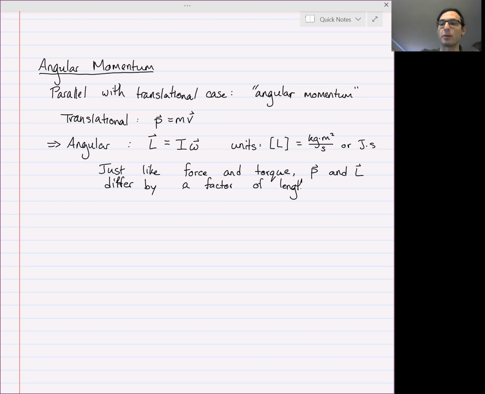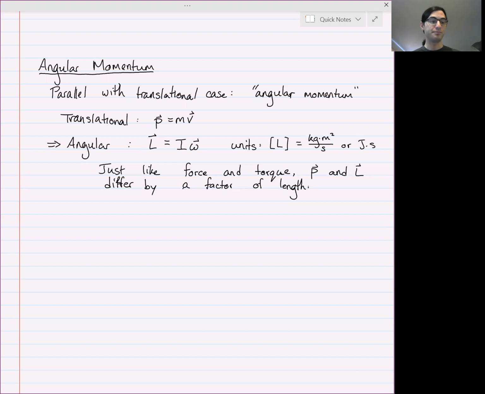Remember, the units of momentum, it's mass times velocity, so it's kilograms times meters per second. So angular momentum is kilograms times meters squared per second. So they differ by a factor of length. Torque is newtons times meters. Angular momentum is momentum times meters. And this isn't a coincidence, right? All of these things have parallels for the correct reasons.